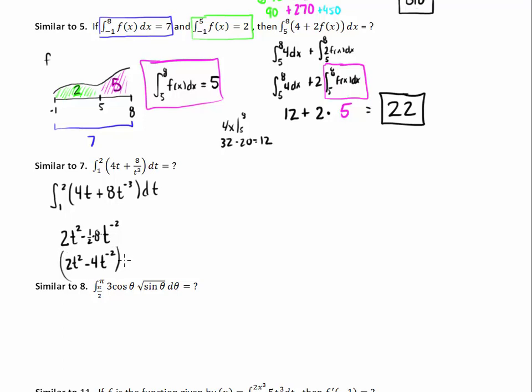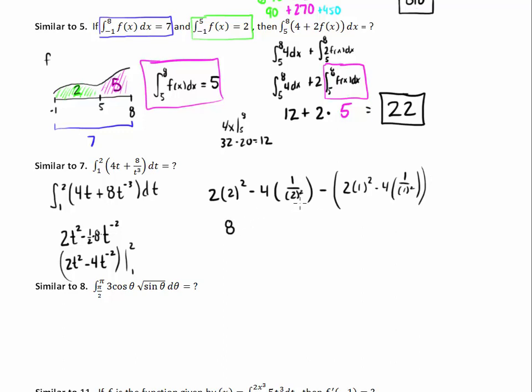So we are going to evaluate that from 1 to 2. Using the fundamental theorem of calculus, we plug in 2, and here's a negative exponent, so I'm going to evaluate it like this. Plug the 2 in and put it squared, minus the same with 1: 2 times 1 squared minus 4 times 1 over 1 squared. So 2 squared is 4, times 2 is 8.